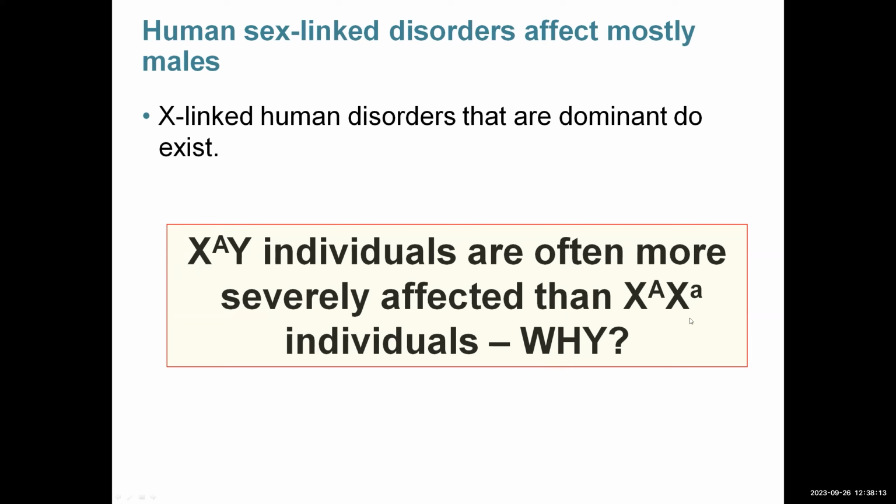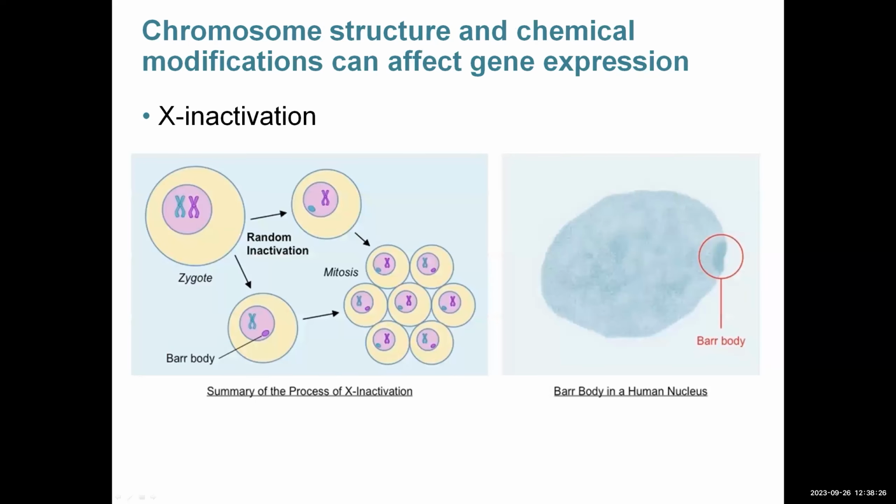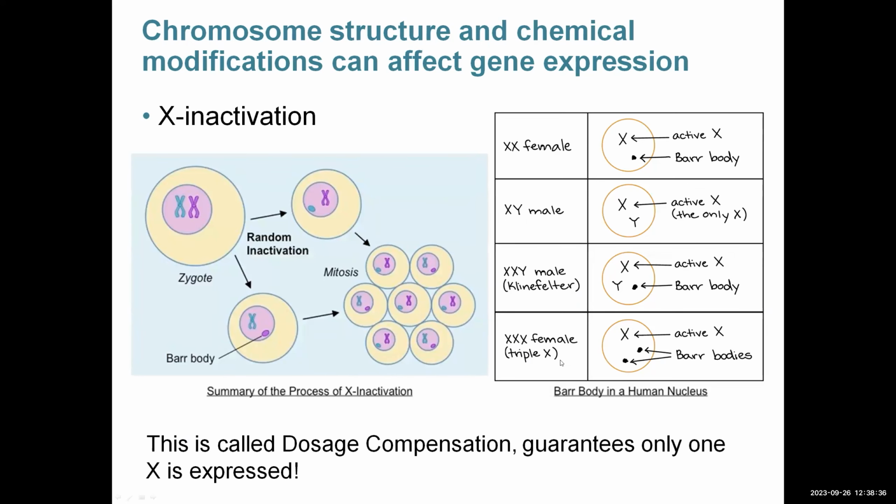But in females, depending on where the mutation is, some of the cells are going to be normal because they're going to be expressing this recessive X that does not have the dominant trait. Right? So remember that things like X inactivation play a role in determining how severe a phenotype might be. That's because of this whole dosage compensation system, where we're going to turn some of them into bar bodies.